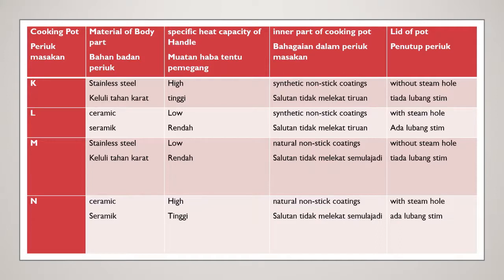For example, material of body part, there are 2 styles. Ada yang stainless steel iaitu keluli tahan karat and ceramic. Okay, kita ada stainless steel, keluli tahan karat and ceramic. Then specific heat capacity for handle, muatan haba tentu, kita ada high and low.